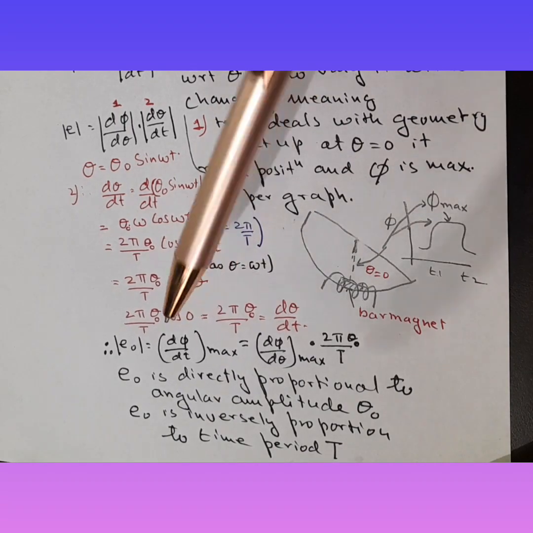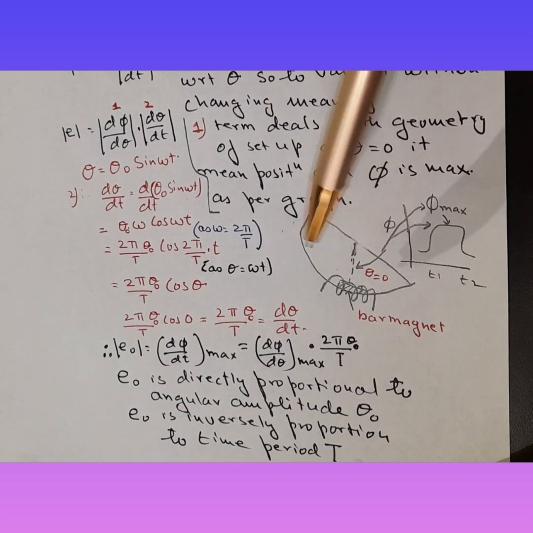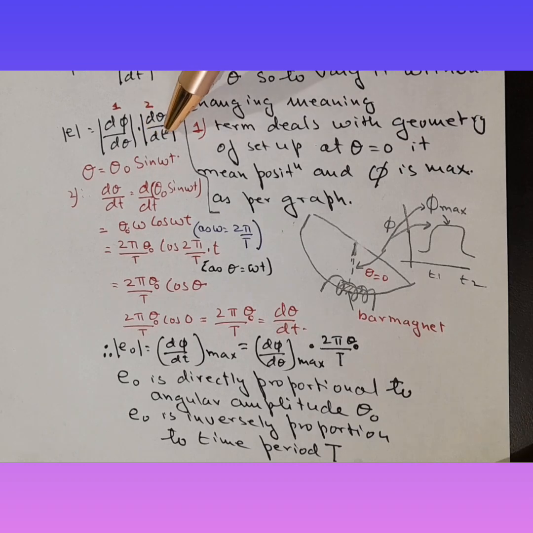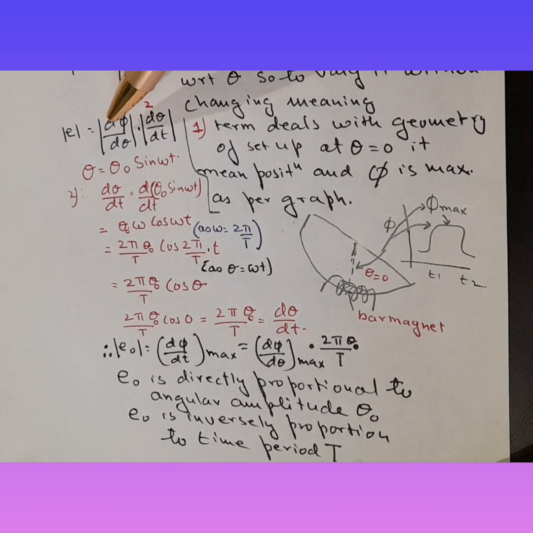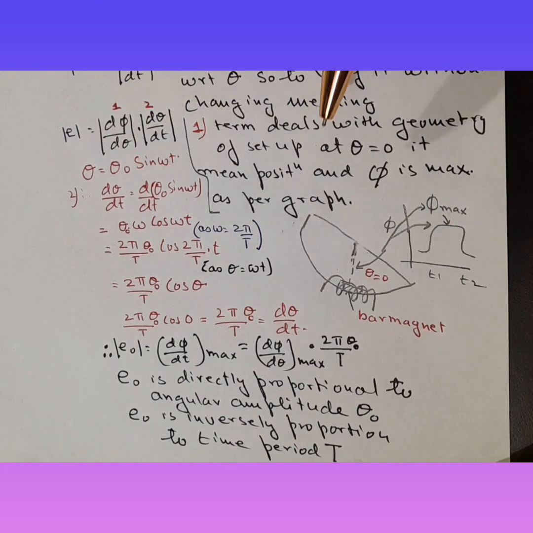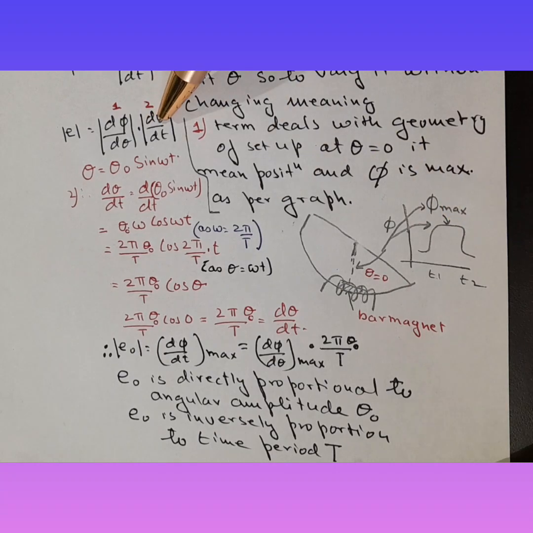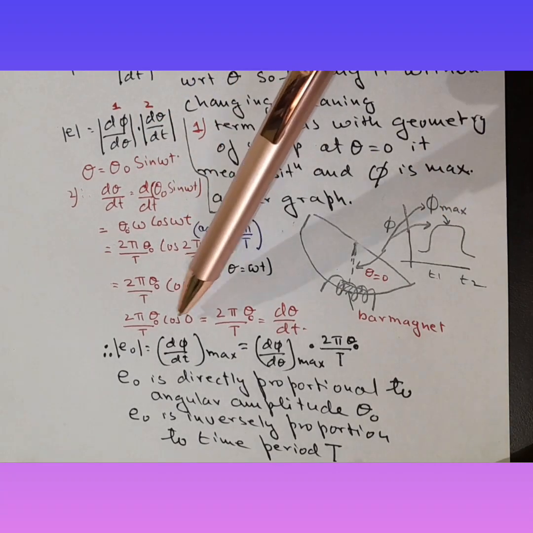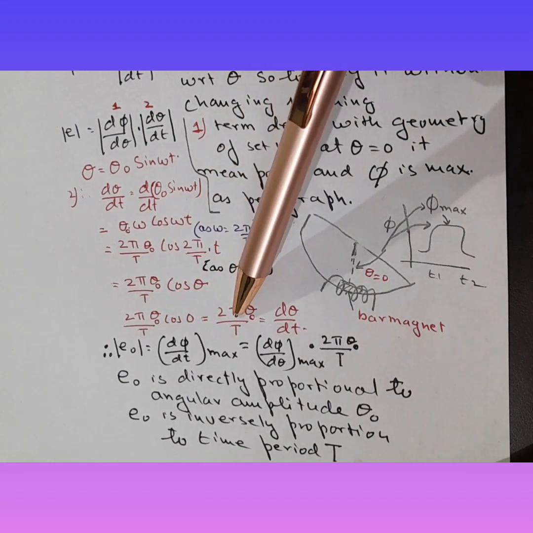And when is theta 0? Theta is 0 at mean position. So again, for this also we get maximum value for theta is equal to 0, and for this also, already proved, we have maximum value at theta is equal to 0, because at theta is equal to 0 the flux is maximum. So for this we already proved here that it is maximum, and for this also right now we are proving that at theta is equal to 0 the value would be maximum.